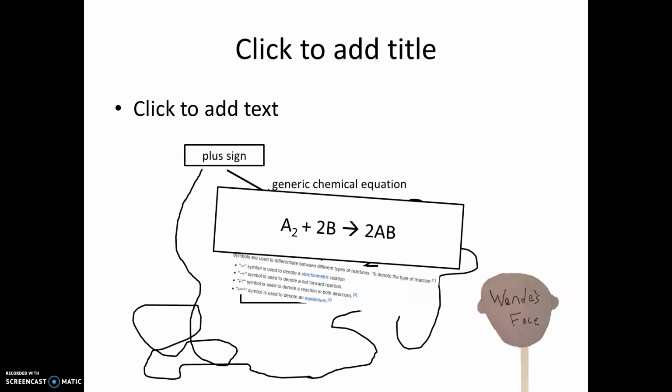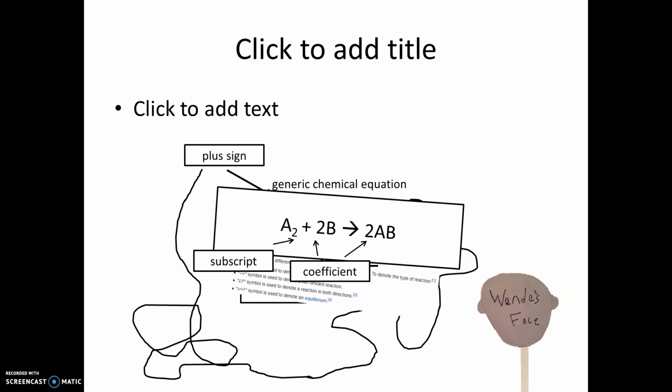As you can see, there are numbers now. The little number next to the A is called a subscript. It indicates that two A's are bonded together in a molecule. Over here, the large numbers are coefficients.